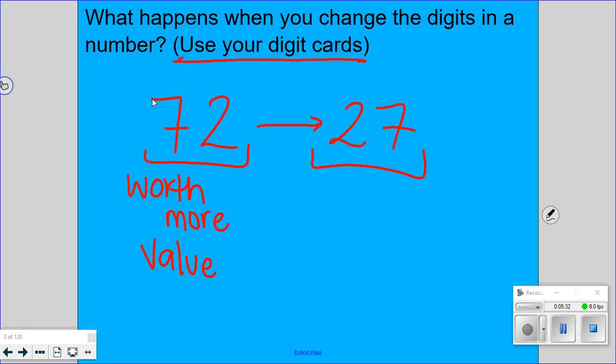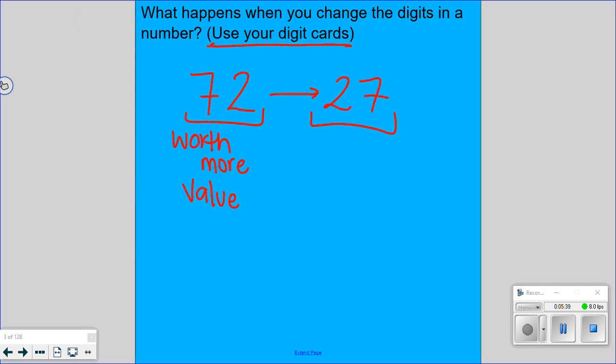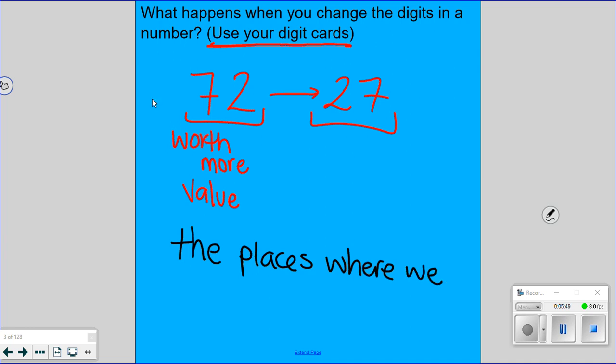We talked about that. The reason why these have a different value is because the places where we put the digits matter.